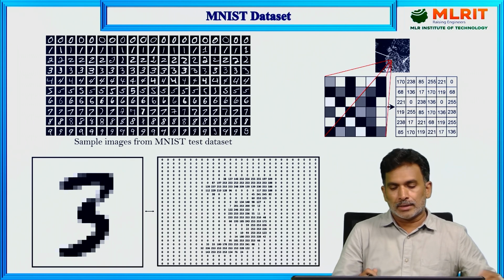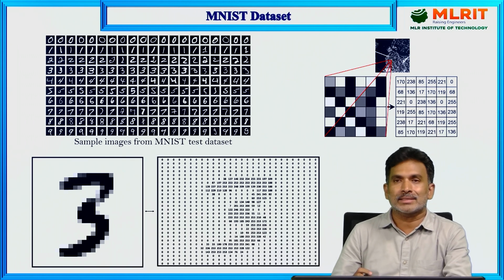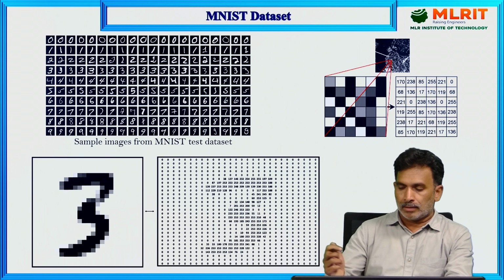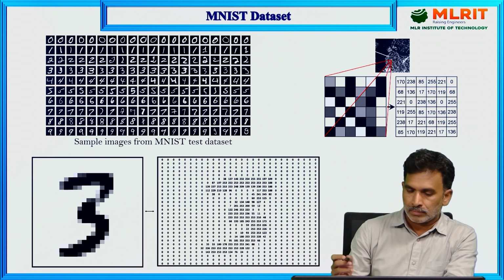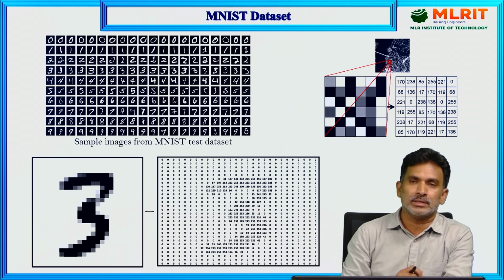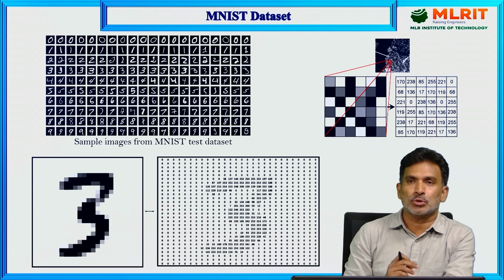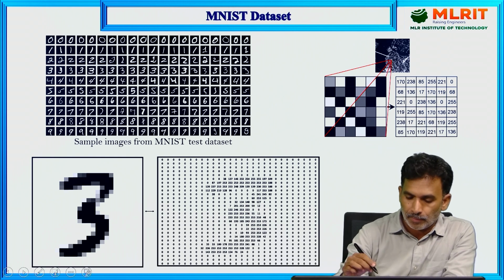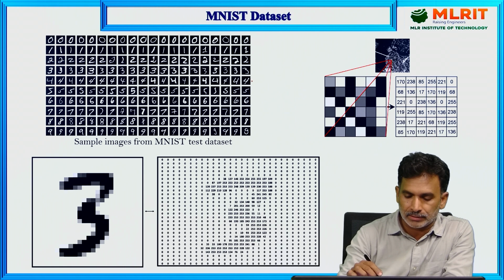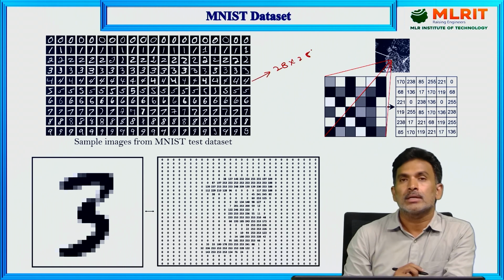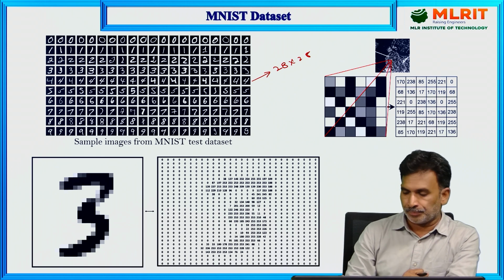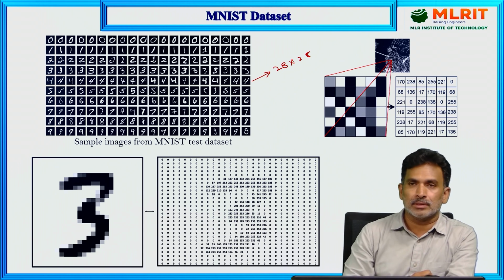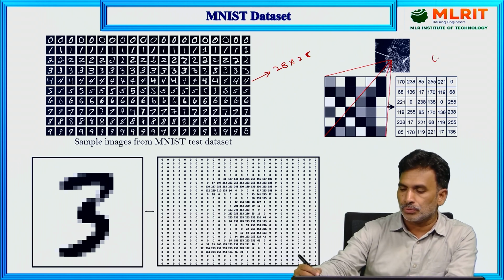Here you can see these are all grayscale images. Each digit is an image of size 28 by 28 pixels. It's a grayscale image, and the values range from 0 to 255.